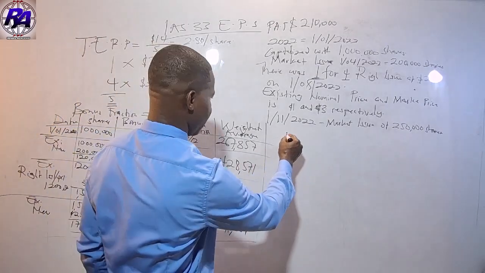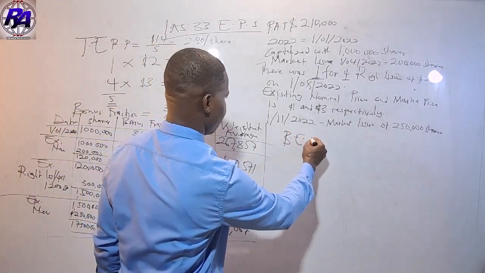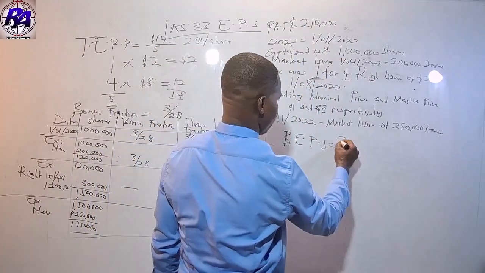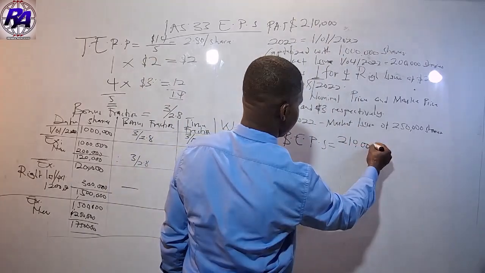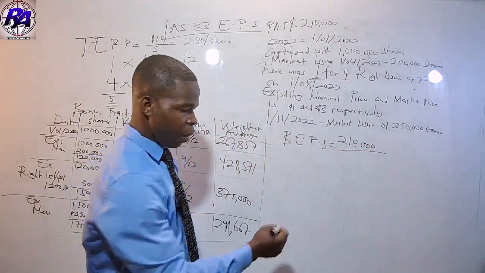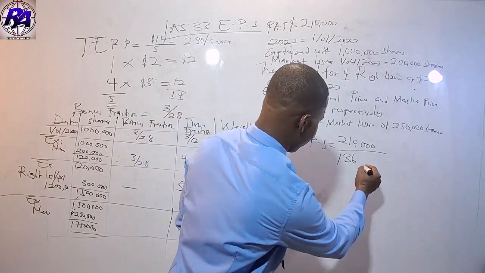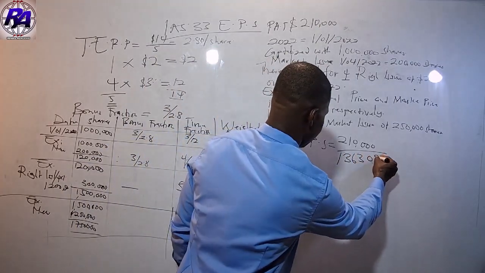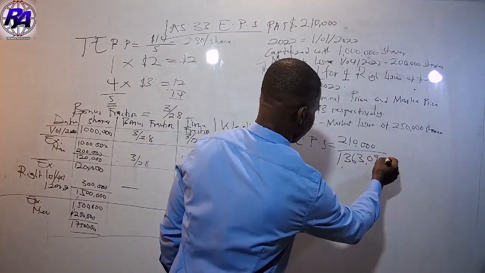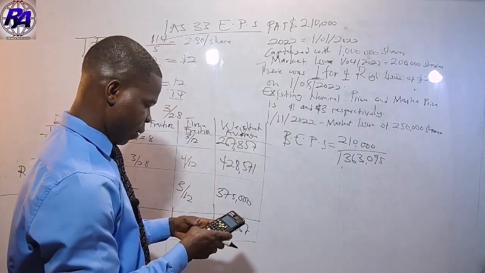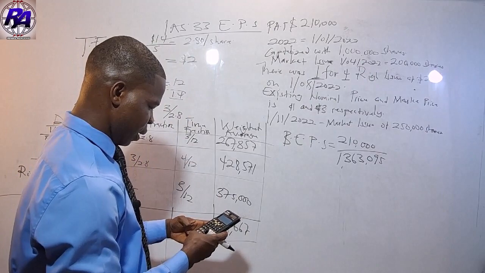So our basic earnings per share is going to be the profit after tax of $210,000, all divided by 1,363,095 shares.